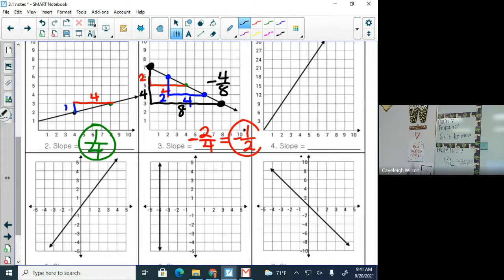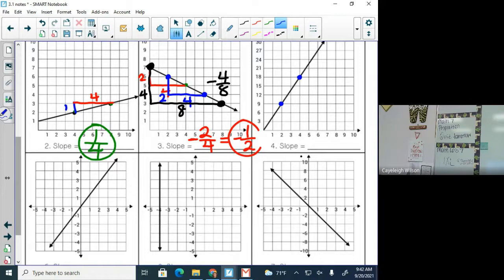All right, so let's look at this one. What kind of slope is this one going to be? Positive. All right, and I'm going to look for a point that goes perfectly through a corner. So how about that one and this one? Okay. There's dots on there. All right, so I'm going to look at it and I'm going to count rise over run.